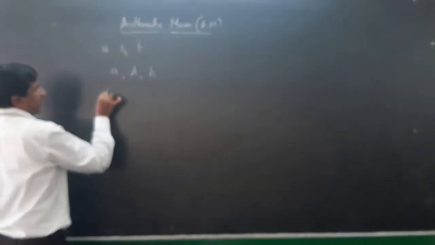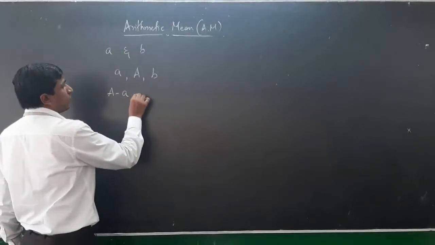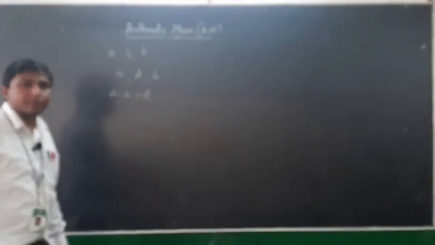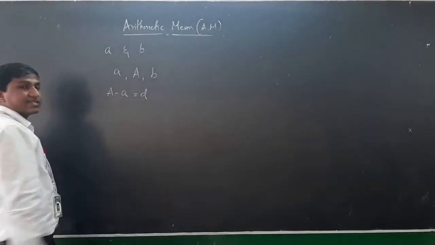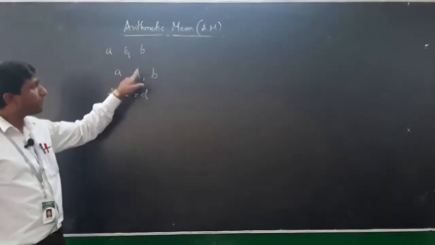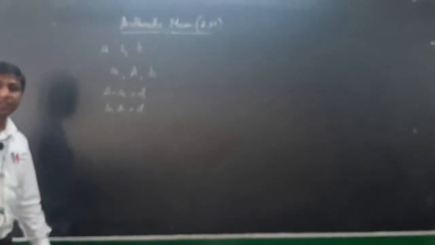Second term minus first term, that is capital A minus small a, will be nothing but the common difference d. Again, third term minus the second term, b minus capital A, that will also be the common difference d.